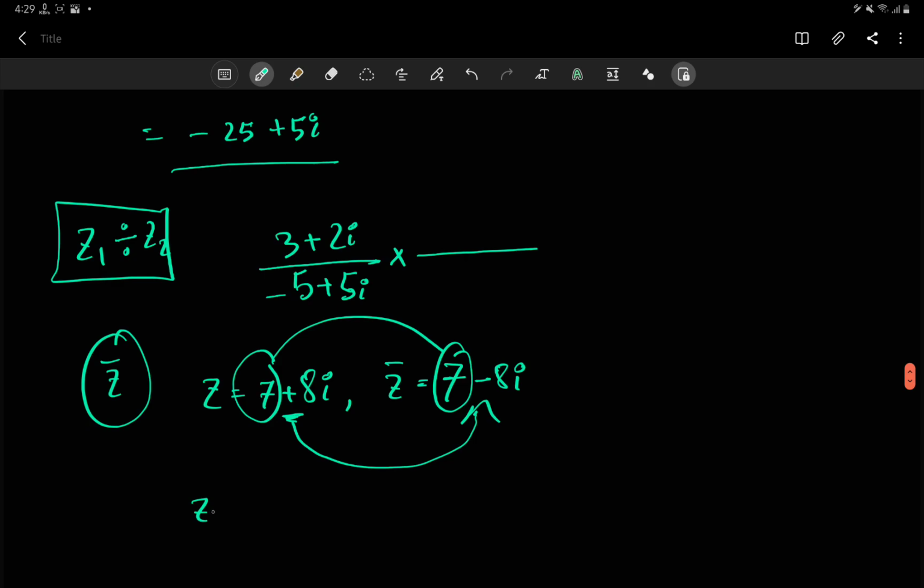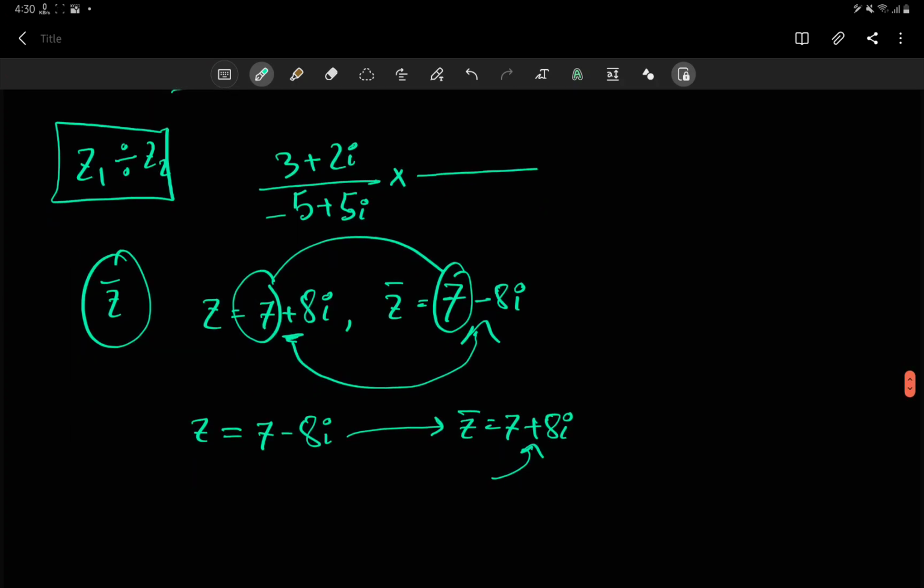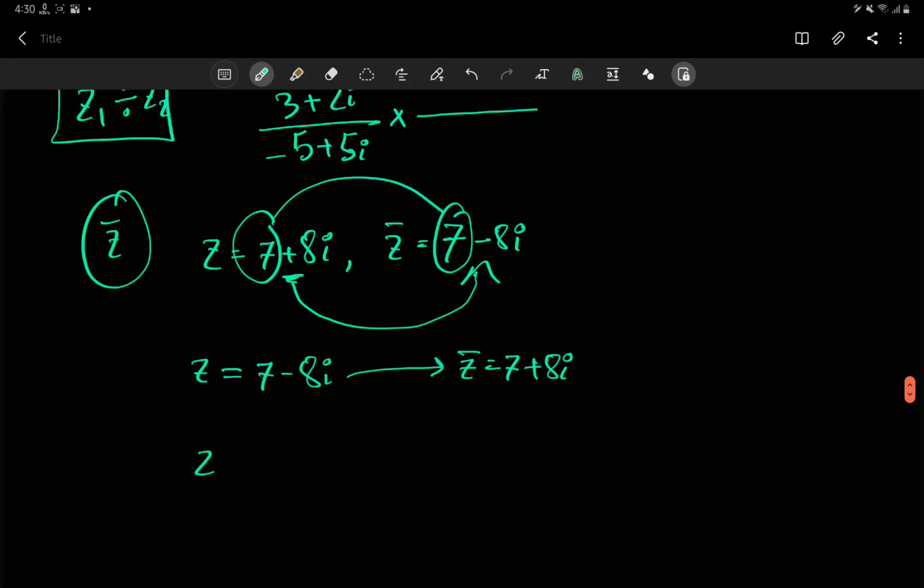And if the sign was negative, so maybe 7 minus 8i, its conjugate will actually be 7 plus 8i. So we just change the sign of the imaginary part, right?